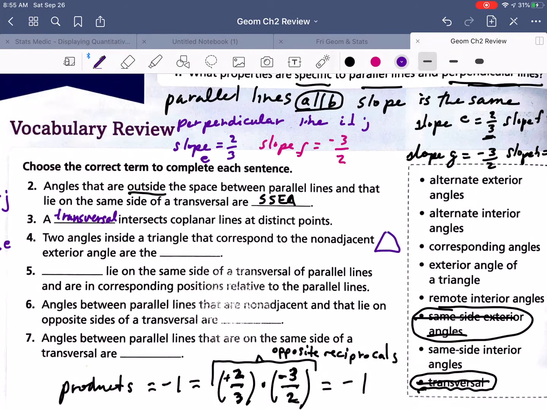Okay, that's interesting. So two angles that are inside of a triangle that correspond to a non-adjacent exterior angle. Yeah, so that was the two remotes add up to the exterior angle. They are talking about the remote interior angles. I like that word interior. So remote interior angles.